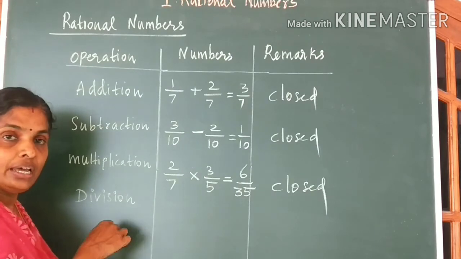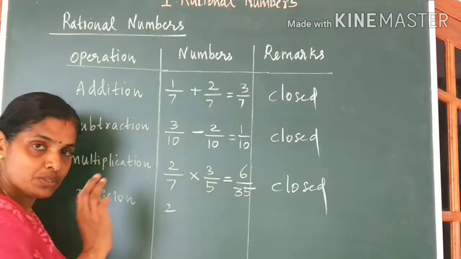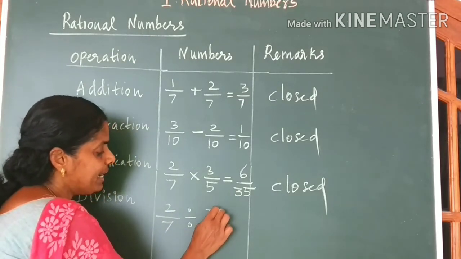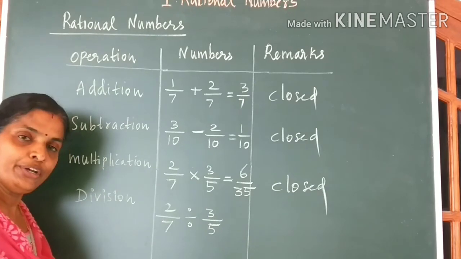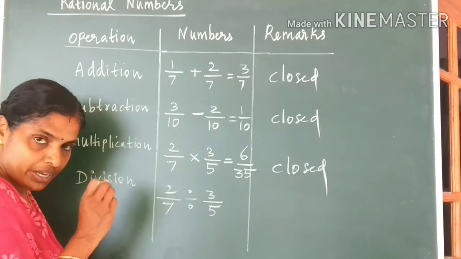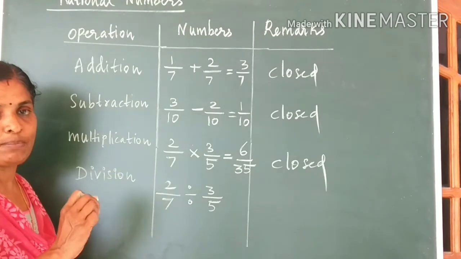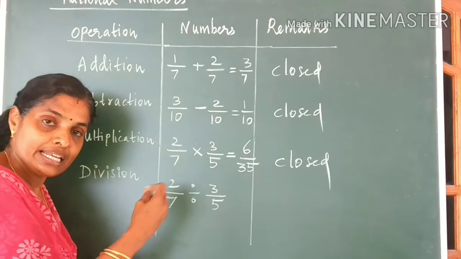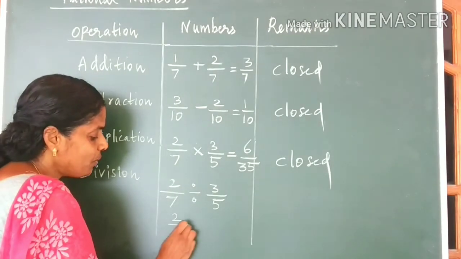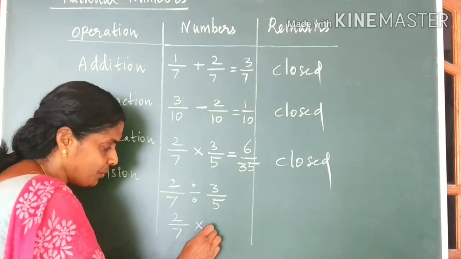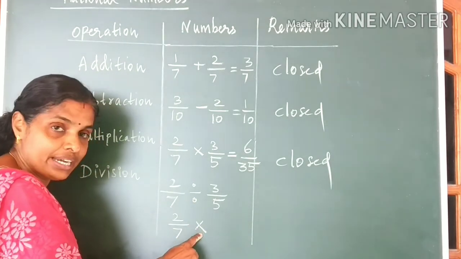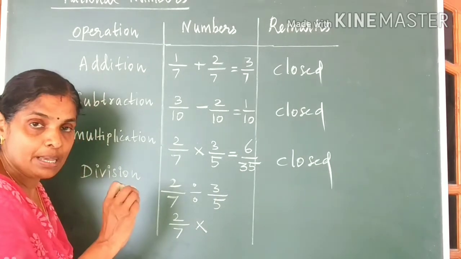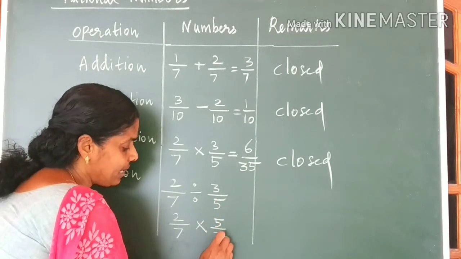Come to division. Let us take these two numbers once again. Let us divide 2 by 7 divided by 3 by 5. How do you divide, children? We multiply with the reciprocal. Division is nothing but multiplying with the reciprocal. So we write 2 by 7 into, I have written division as multiplication, 3 by 5 reciprocal is 5 by 3.